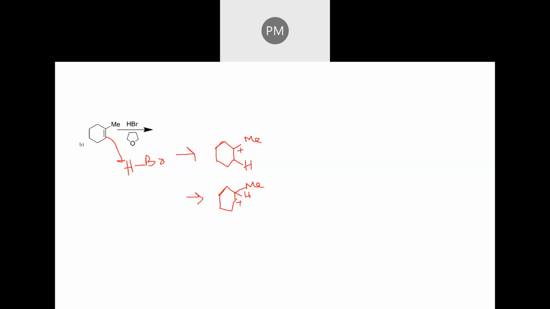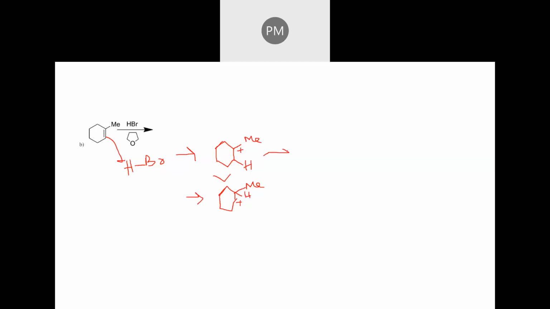So these two possibilities happen. But if we look at the stability of the carbocation, this will be a 2-degree carbocation, so its stability is higher, and this will be the major product.